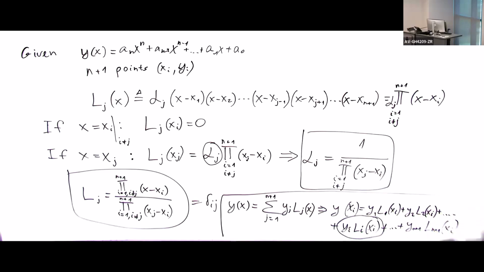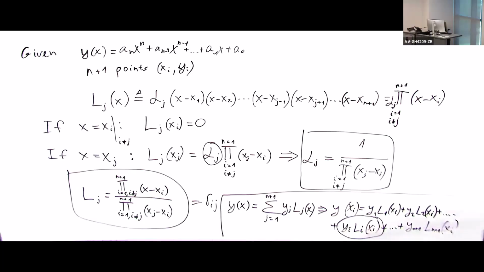So all of them disappear completely. They do not participate in that sum. The only thing left is that term. And for that term, this thing will be 1, by definition of the Lagrange formula, okay? So this value at xi will be equal to yi times 1. This is exactly what you want. So this by definition solves your problem, by definition of the polynomial. Because all of these parts will be 0, this part will be 1 times your value at that point xi that you wanted in the first place.